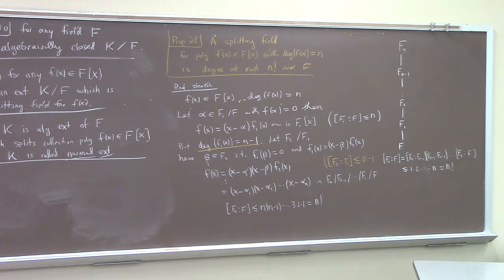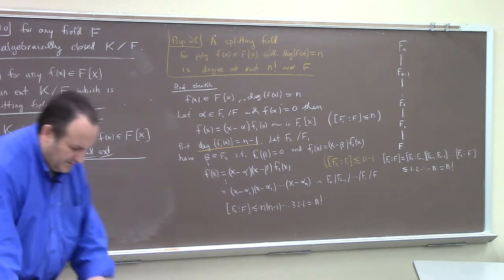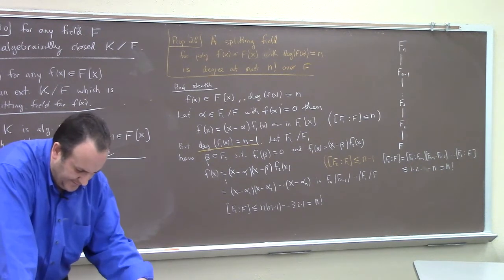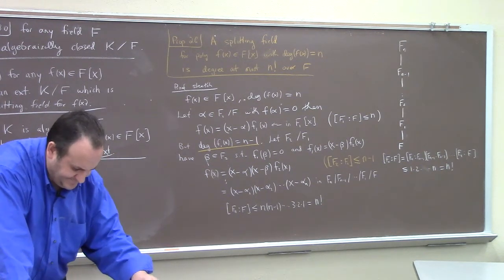I think it means for each alpha in F bar, there exists... Oh, goodness gracious, all of a sudden I've forgotten the definition of algebraic. Sorry.